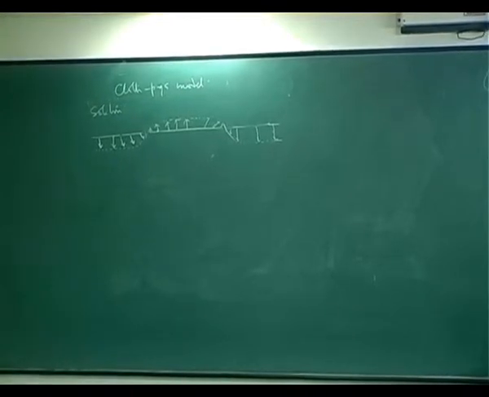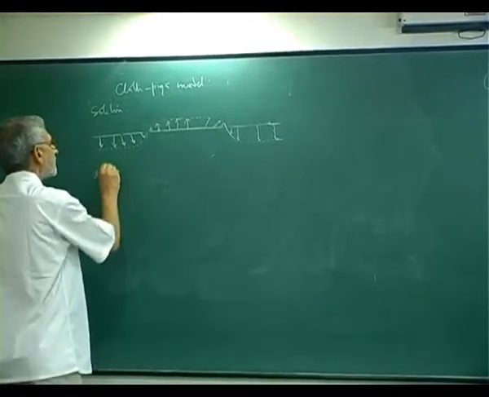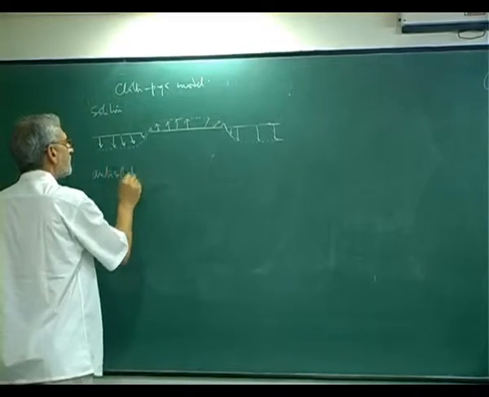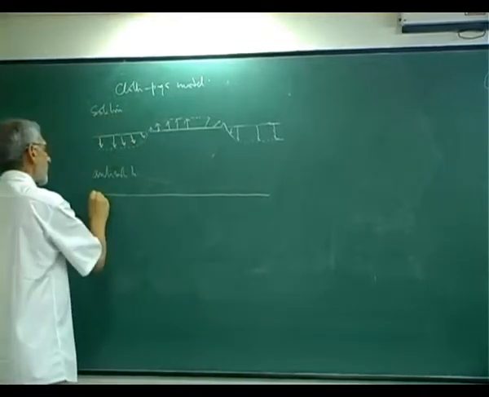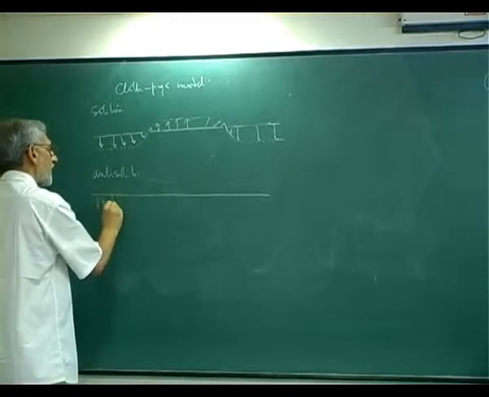And the anti-soliton: at minus infinity it is 2 pi downwards.